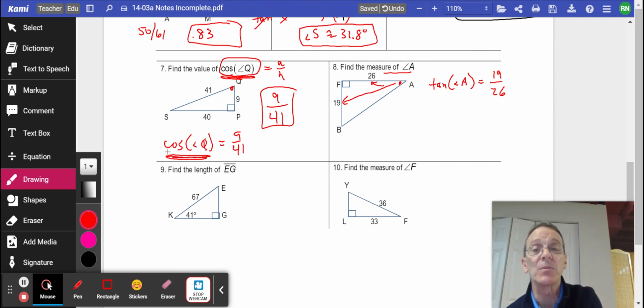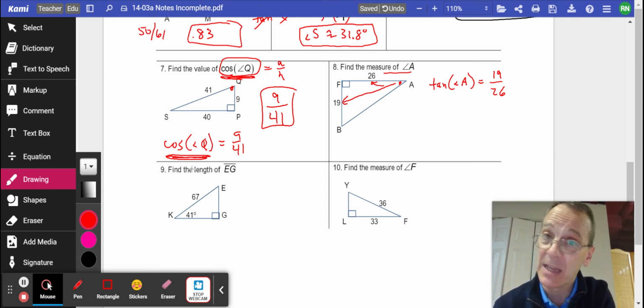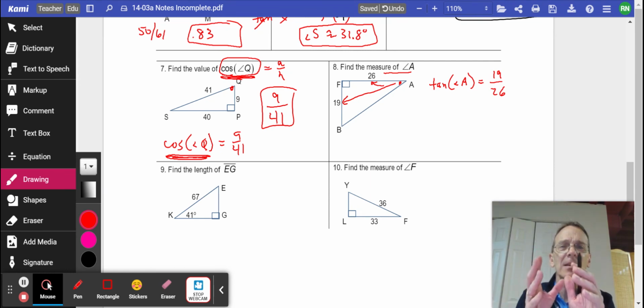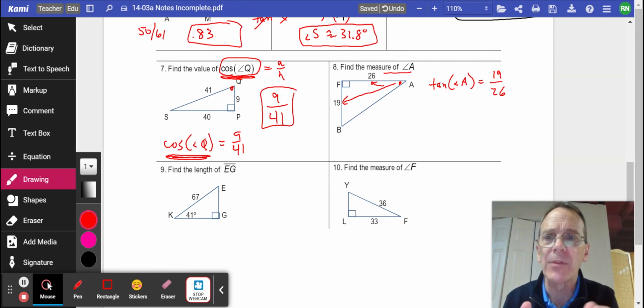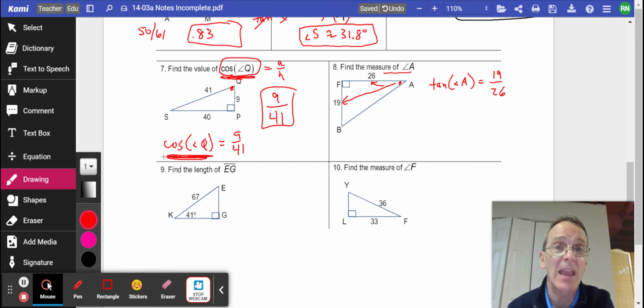Here's where students get confused. They'll write an equation like this, and then they'll go, oh, I got to take the cosine inverse of both sides, because they're not comfortable with leaving this side of the equation with that cosine surrounding the angle Q. They're just not used to that.